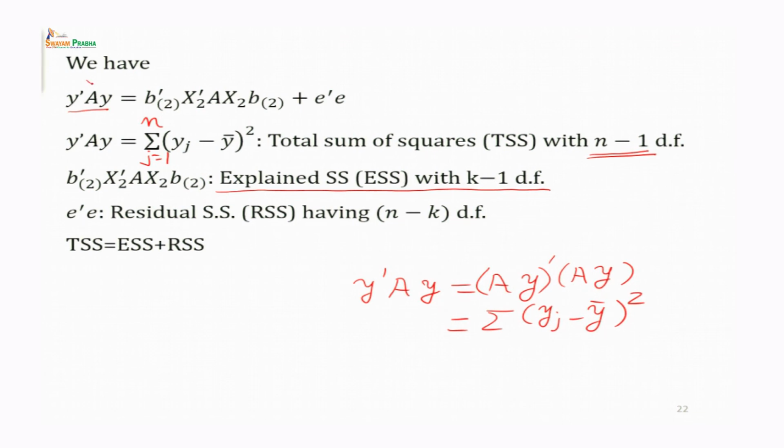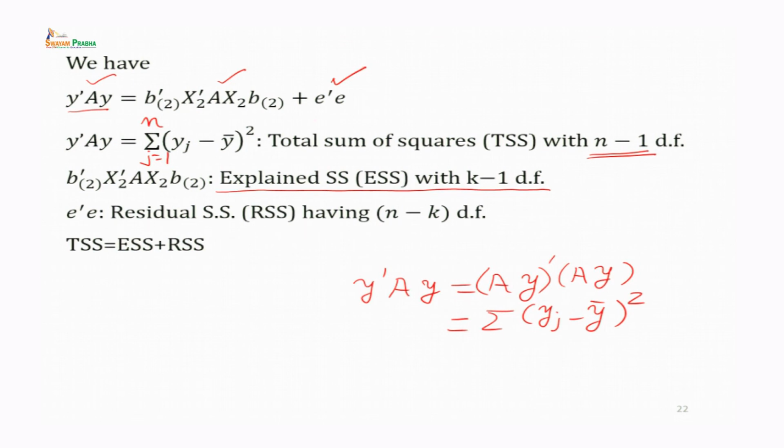Total sum of square in y_j's, then you have explained sum of square, the part of variation in y's which is explained by the regression, and then residual sum of square.